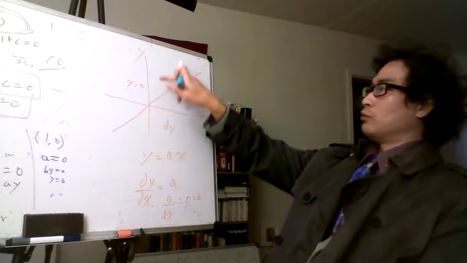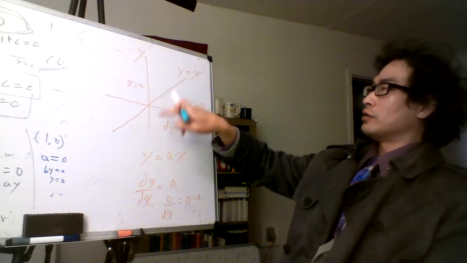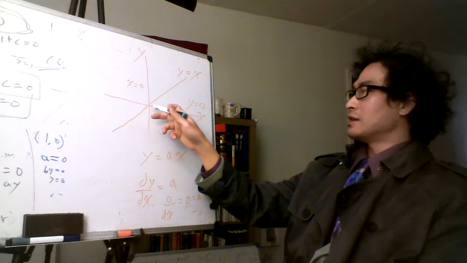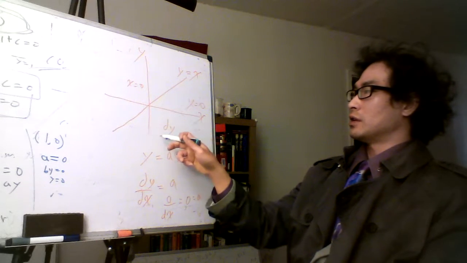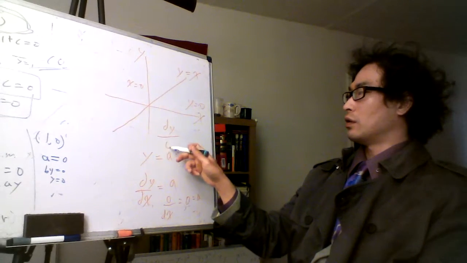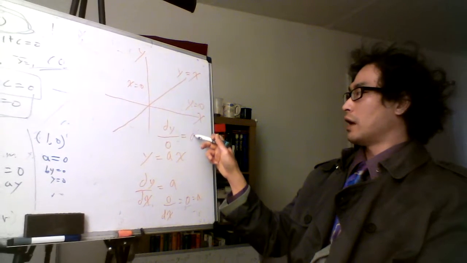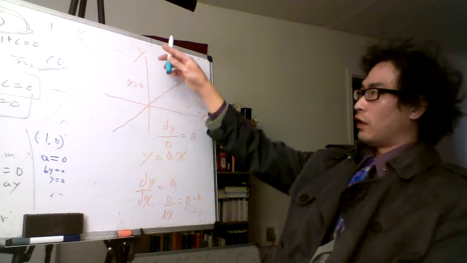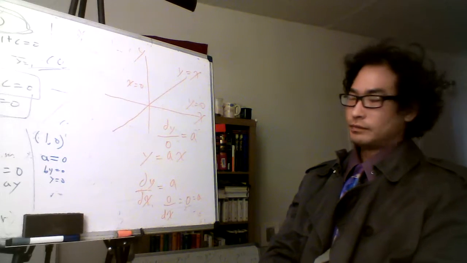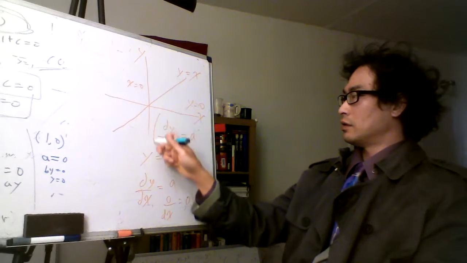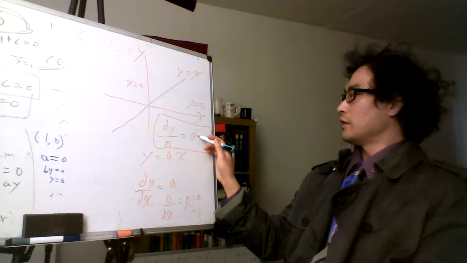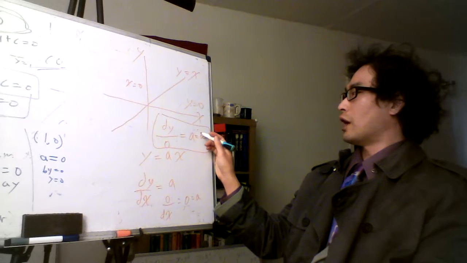That's where you have dy. Y can move up and down. This is delta y, the change in y. But x is not increasing or decreasing. So dx is 0. That's what a is, the slope of this vertical line. And we will call this infinity dot dot just for now, okay?